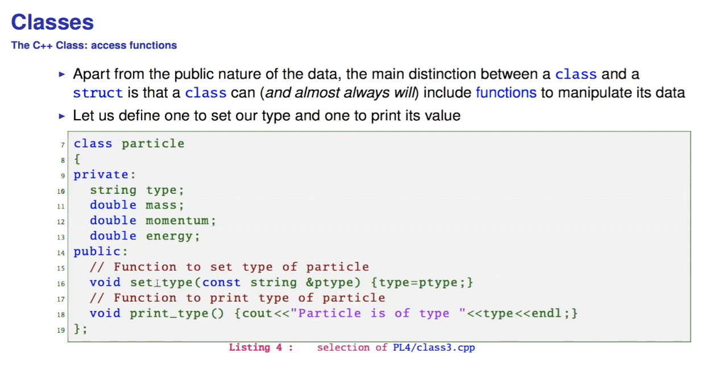One of them sets the type of the particle by taking an input string and assigning the value of that input string to the type I have over there. And another function prints out the type of a particle, and it does exactly what it says on the tin, so essentially it prints the type of the particle.